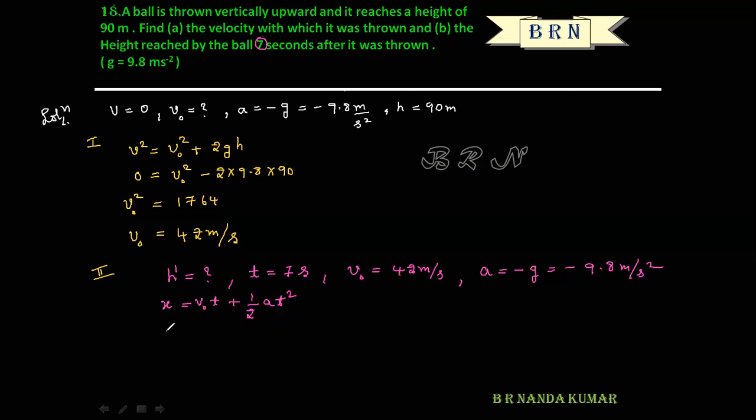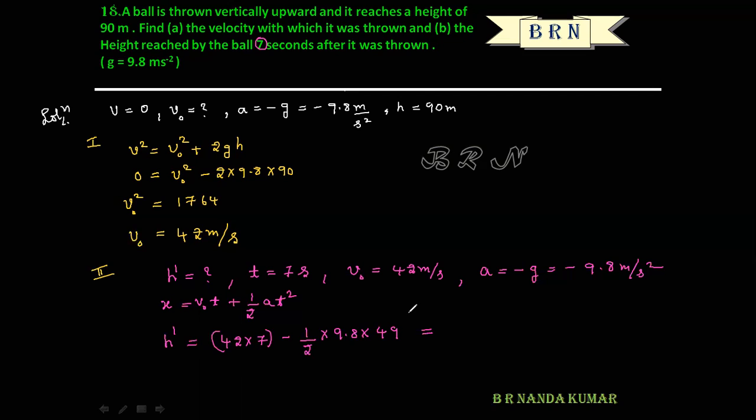So x is h dash, v naught is 42 into t is 7. Okay, so minus 1 by 2, a is 9.8, t square, 7 square, that is 49.